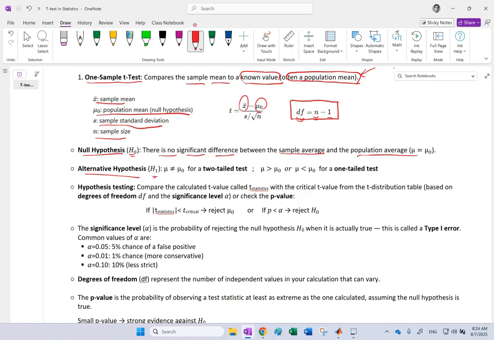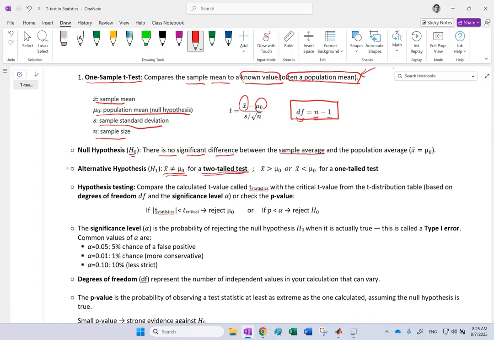Okay, so you assume that basically your mu and mu naught, or in this case x bar and mu naught, are not the same thing. Let me change the mu to x bar here. So here is better. So we say the x bar and the mu naught are not the same. There is a significant difference between them. This is what we call a two-tailed test.